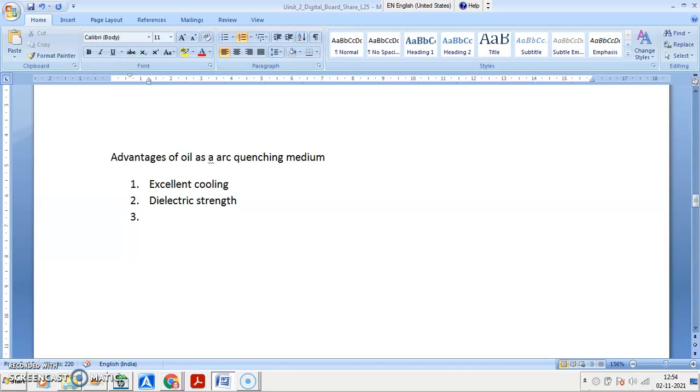Then in the oil circuit breaker we have studied one phenomenon called current chopping. In an oil circuit breaker especially, minimum current chopping is there because normally the current extinction takes place at zero current. Then cooling, as we have discussed, is there.